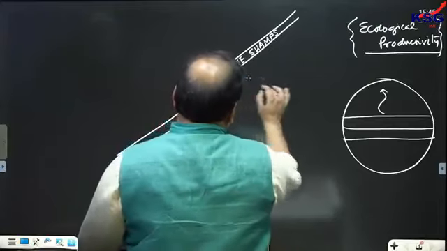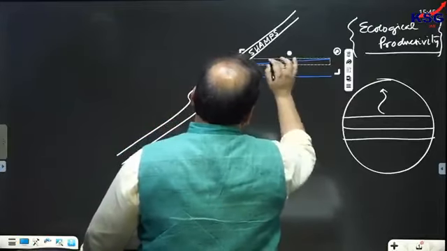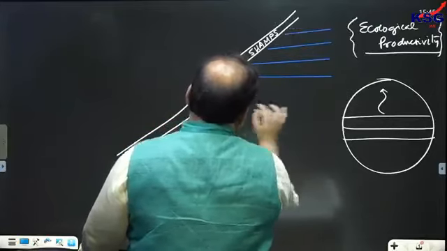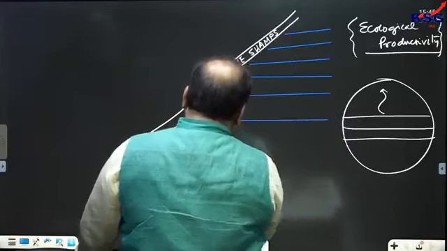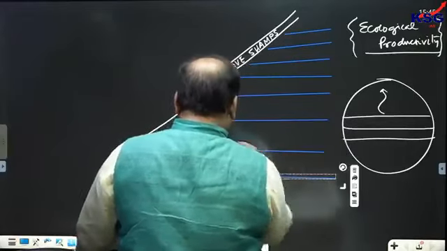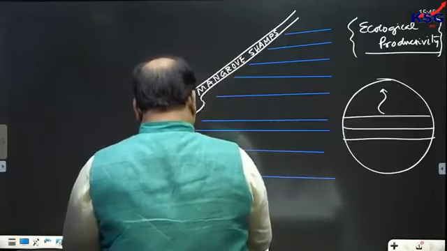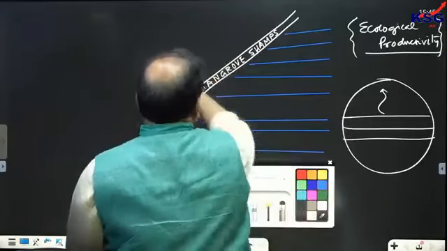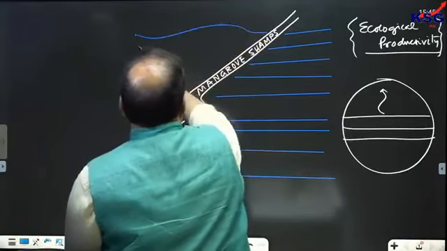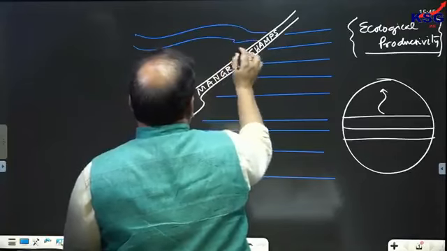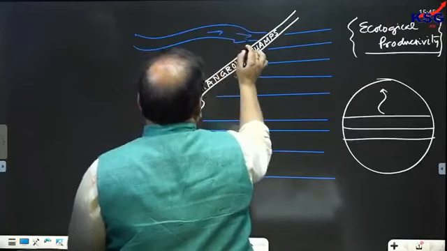But if we talk about that part of the ocean which is near the coast, in this area productivity is very high. What is the reason?